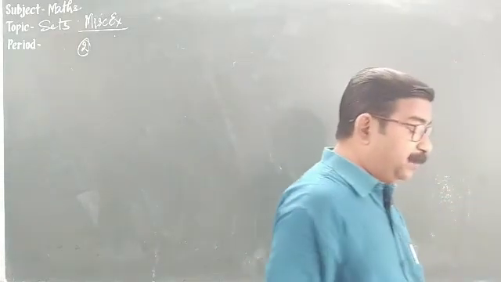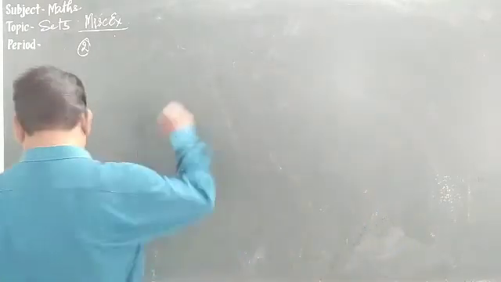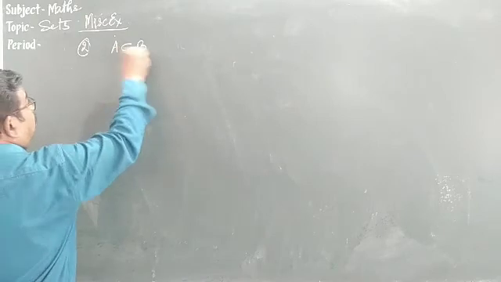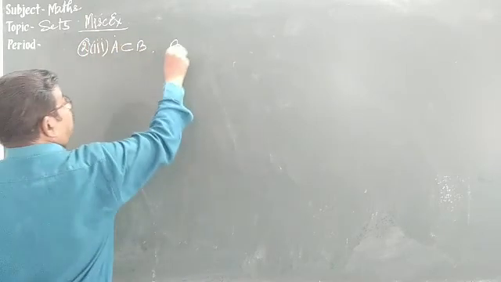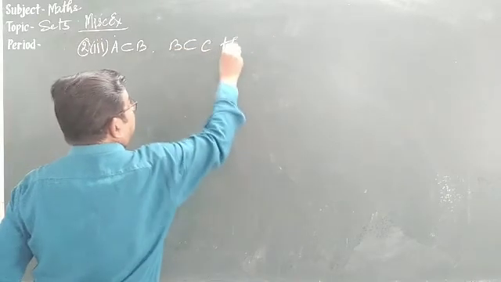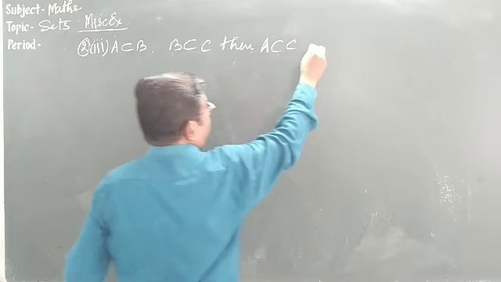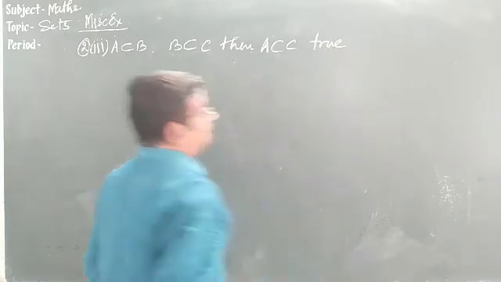In the third part, given A is a subset of B, B is a subset of C, then A is a subset of C. True. It is true.